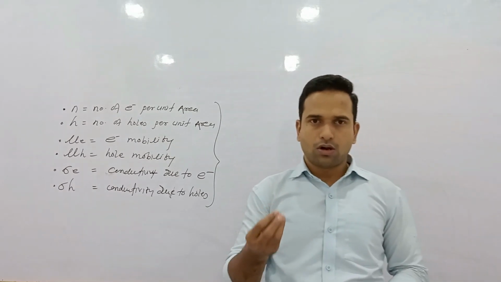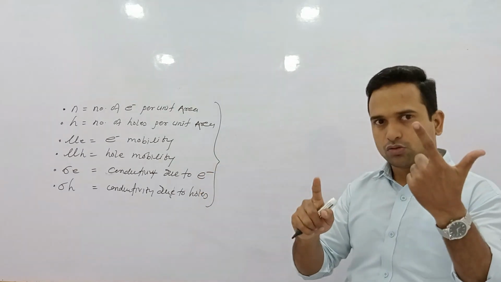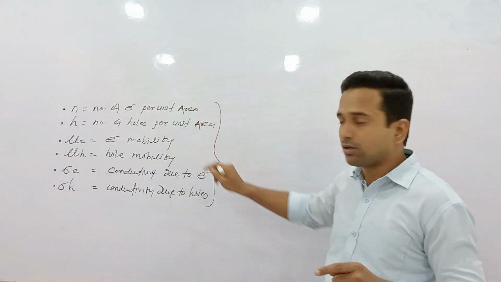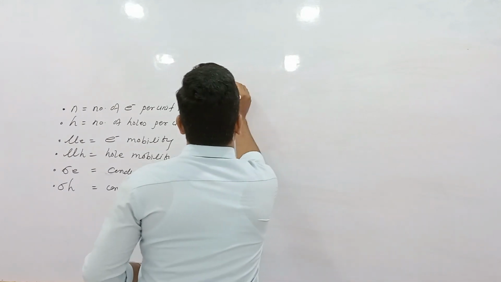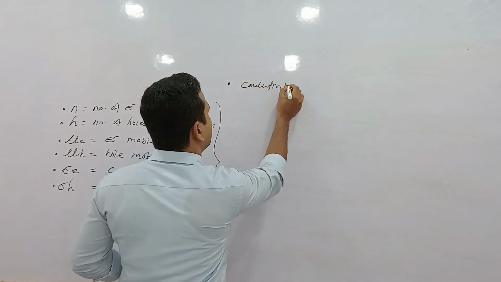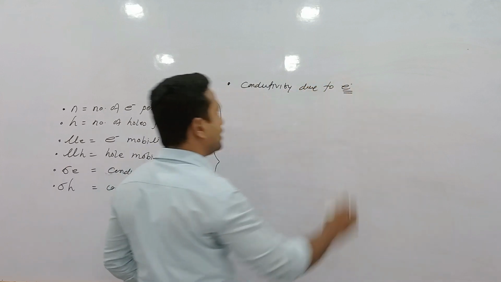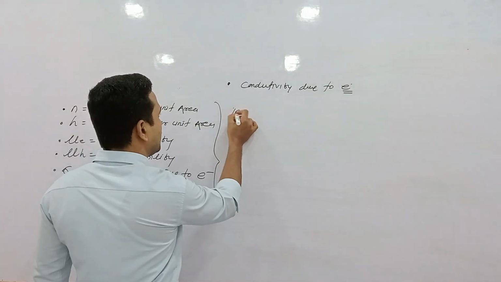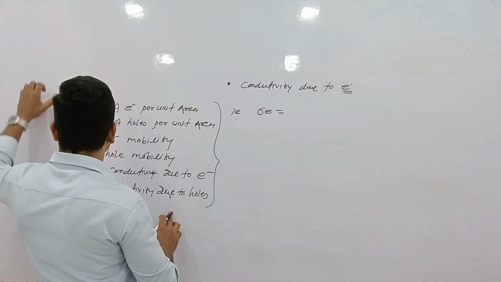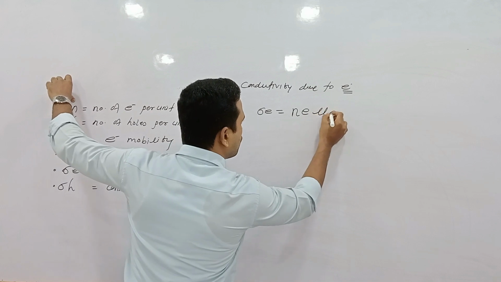Obviously, we know the conductivity of semiconductor is due to the electrons and holes also, right? First of all, we will try to determine the conductivity due to the electrons. That is, sigma e is equal to, how can we define sigma e? Sigma e is equal to n e mu e.